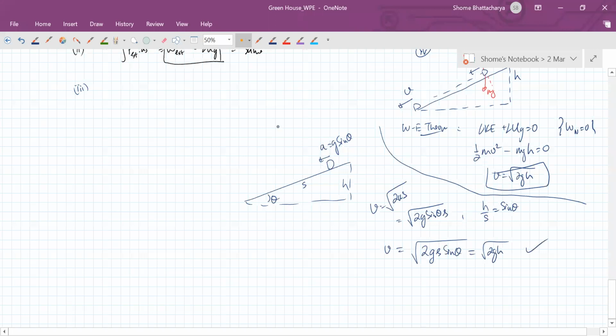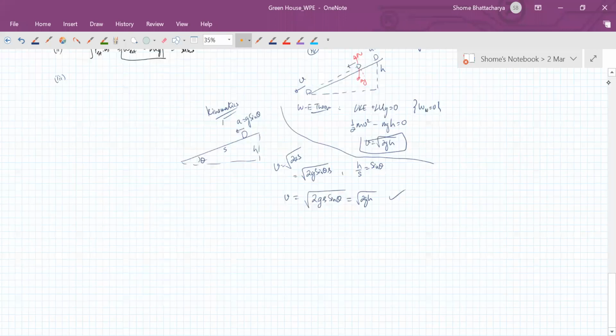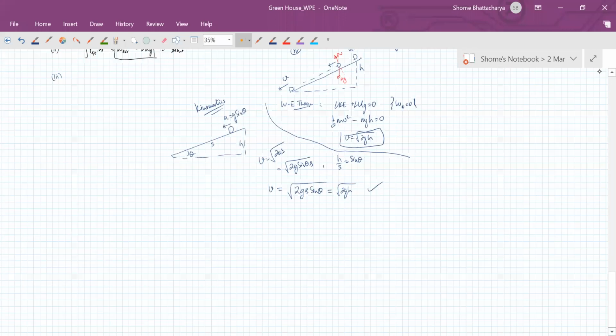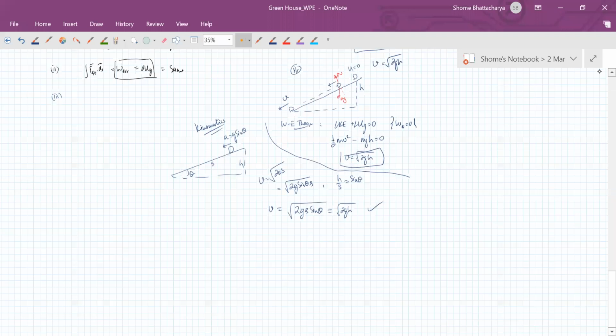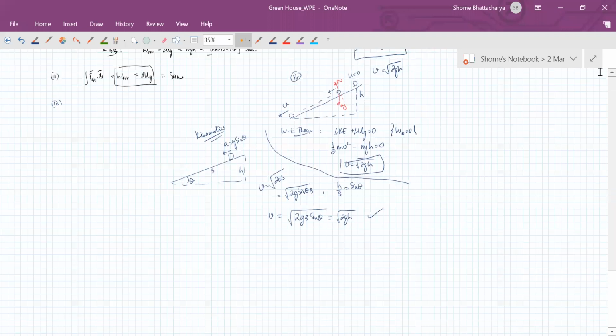So whether you go with the kinematics method or the work energy method, ultimately you will get one and the same thing, and that answer should be root 2gh. Okay, good.